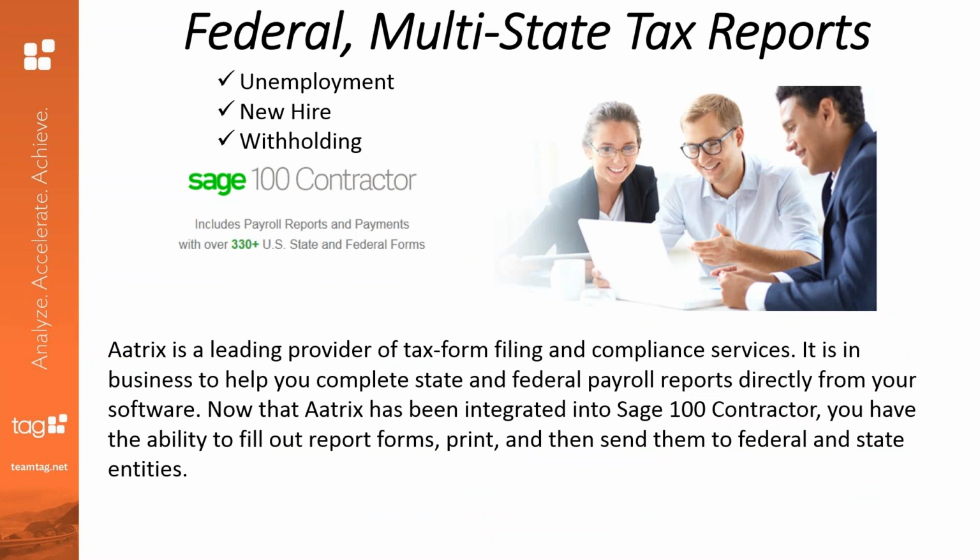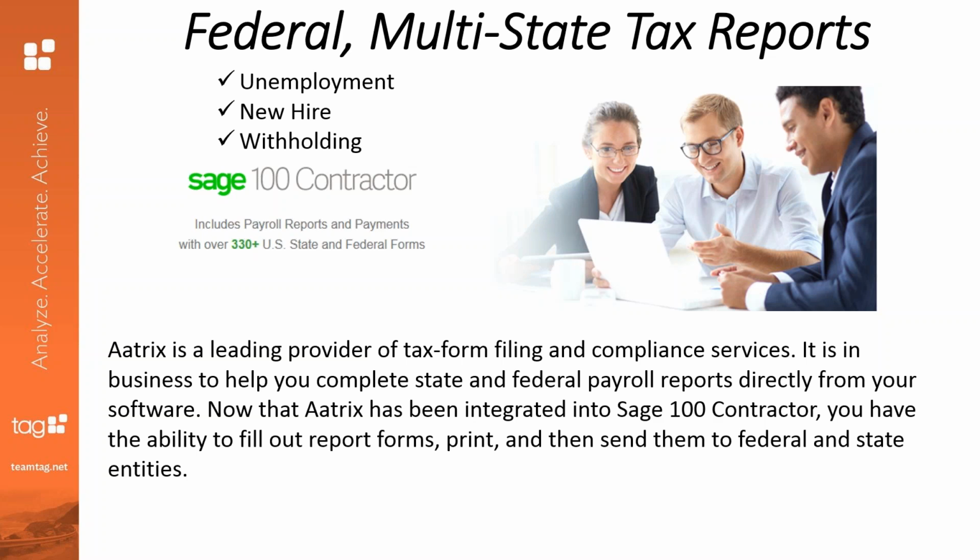So Atrix, with the integration to Atrix, you can complete more than 330 U.S. state and federal payroll tax forms automatically, including unemployment, withholding, and new hire reports, all directly from your Sage 100 Contractor software. The process is pretty easy.